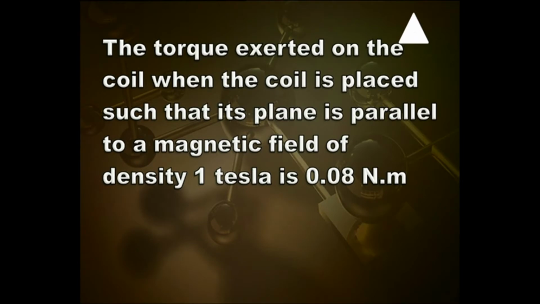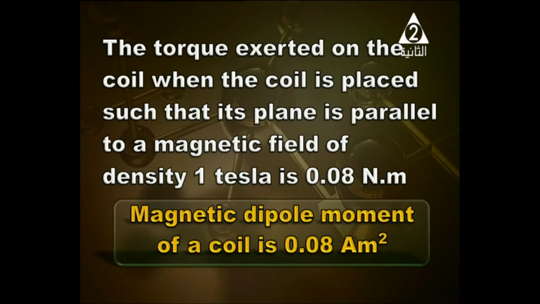Torque exerted on a coil when the coil is placed such that its plane is parallel to a magnetic field of density 1 Tesla, the torque is equal to 0.08 Newton meter. So magnetic dipole moment of the coil is 0.08 ampere meter squared.